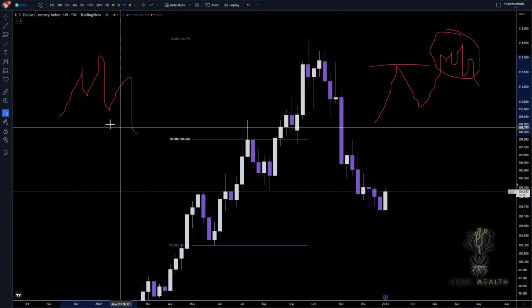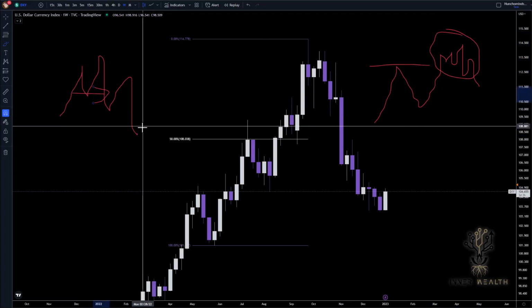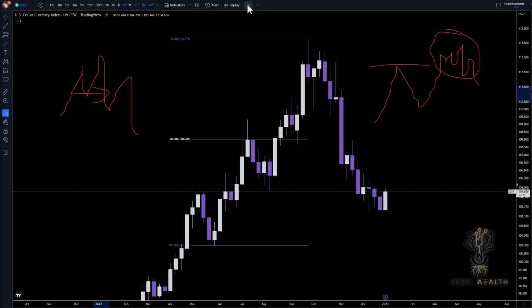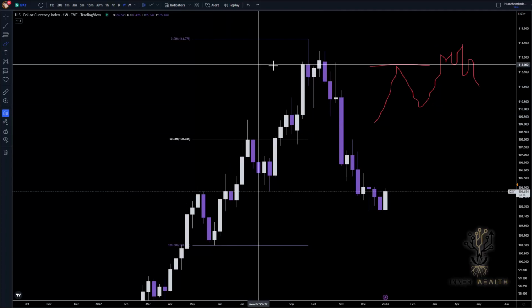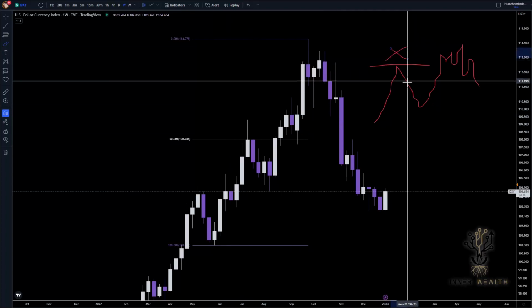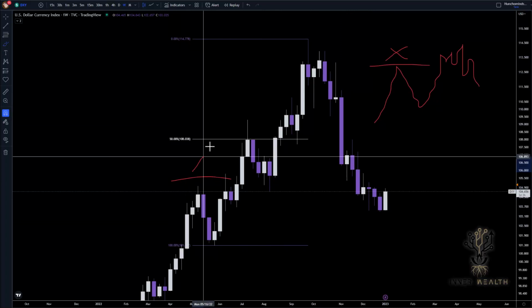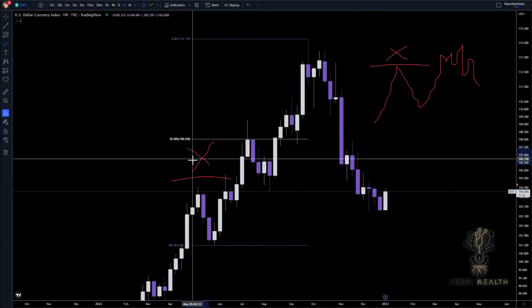For those of you who don't know what distribution is, it is a break of structure to the downside. It is a schematic that shows us weakness. So what I like to see is previous highs taken out, like this one, or like this one on the monthly. And I want to see distribution above that high.